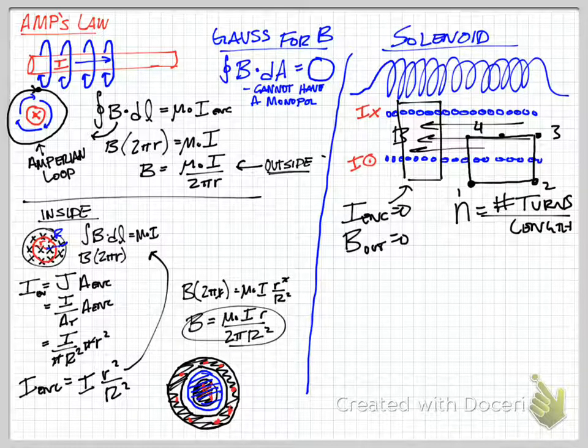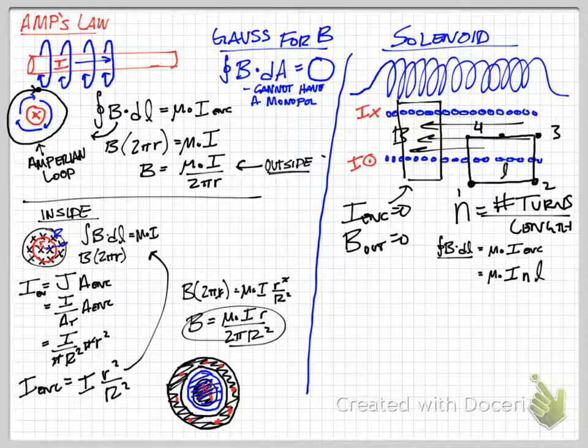So as we set up Ampere's law, we've got a closed B dot dl, and that's why we have to go all the way back around to 1, because the closed line integral is equal to mu 0 times my enclosed current. So on this side we have mu 0 and my enclosed current. Well, each one of these dots has current I running through it. So I have I times the number of wires that I am enclosing, which is n times the length here, L, of my Amperian loop. That's how much I'm enclosing.